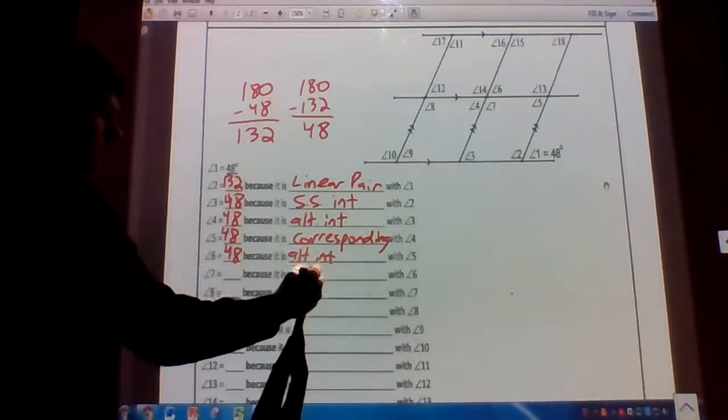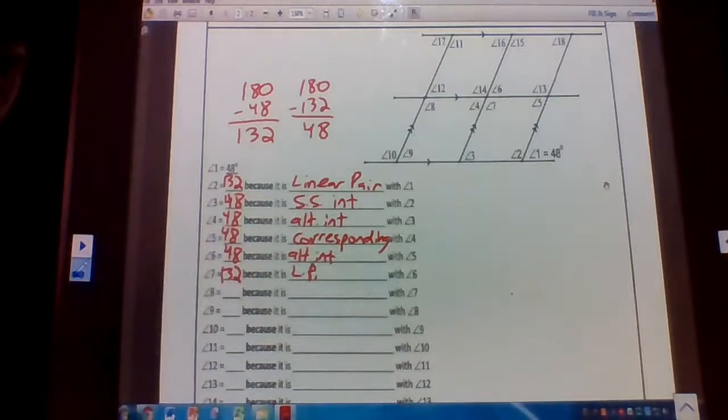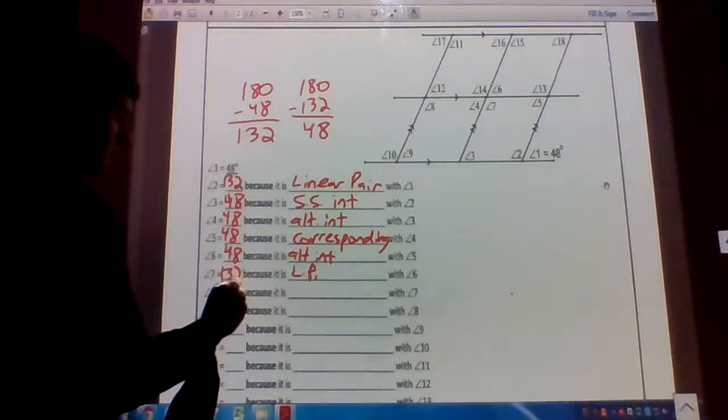I'm just going to put LP for linear pair, so it's going to become 132, since 180 minus 48 is 132. 7 and 8 are corresponding, so it stays 132.